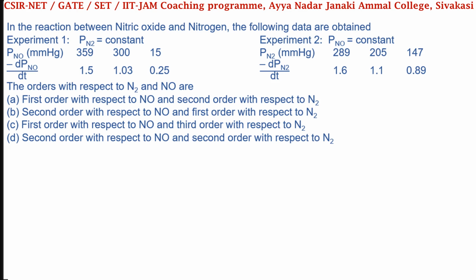And take down the data. The experiment 1, first experiment. Here, the reaction is between nitric oxide and hydrogen. Therefore, to obtain the order with respect to one, you have to keep any one of them constant. Experiment 1, the pressure of hydrogen is constant.